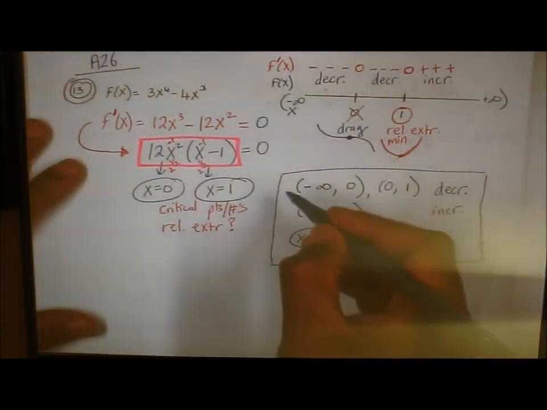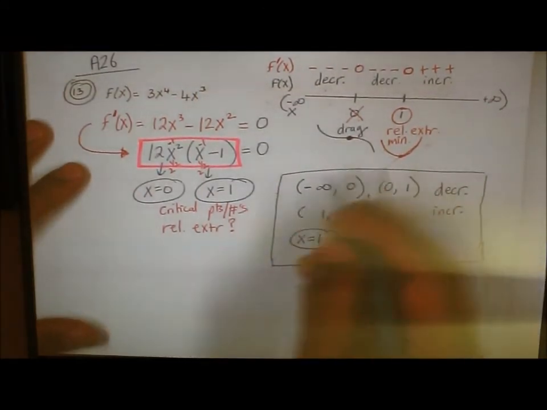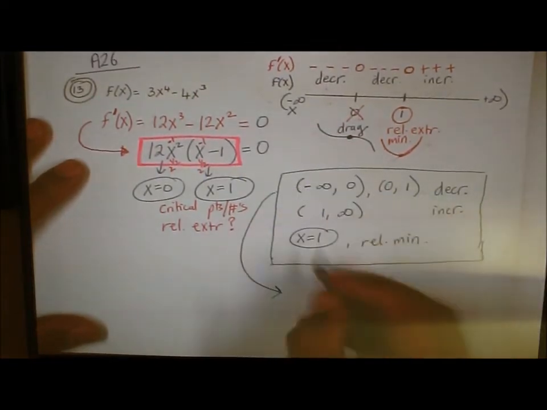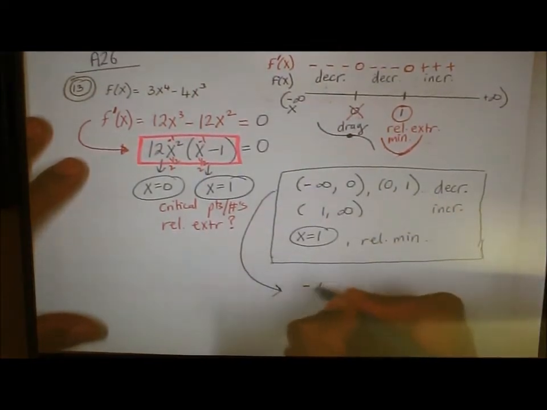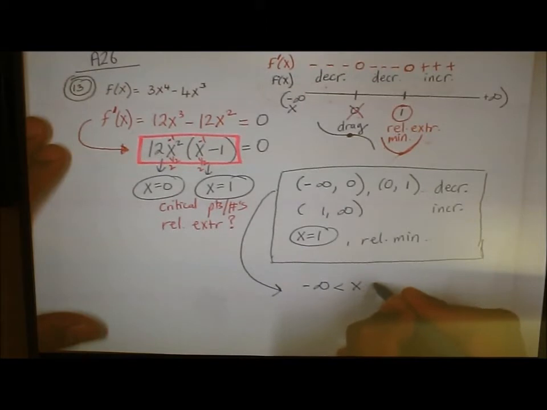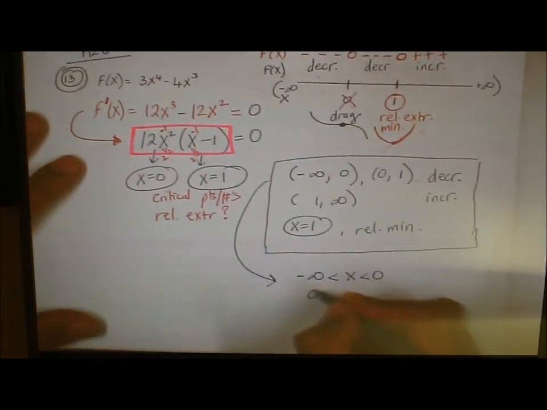Okay, and then let me show you the inequality notation. So the inequality notation, an equivalent notation to this is negative infinity less than x less than 0, and then 0 less than x less than 1.